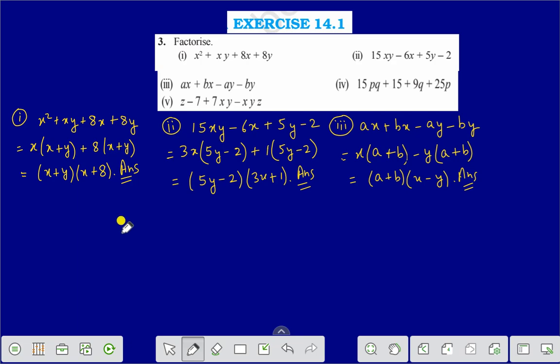Now question number 4. Question number 4 here you see is 15pq plus 15 plus 9q plus 25p.